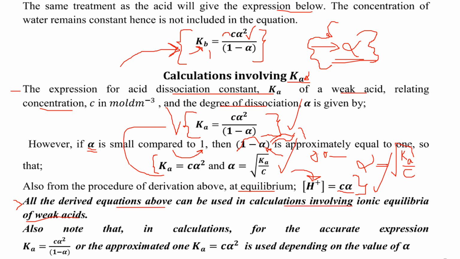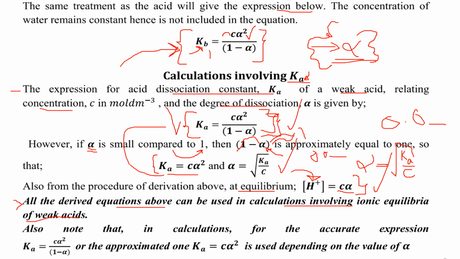Don't do these approximations. However, a student who has done the approximation, in case the degree of dissociation is 0.0 something, is correct. But the one who has used the general expression will always be marked right. But the one who has used the deduced expression without making the assumption that alpha is small may get it wrong.